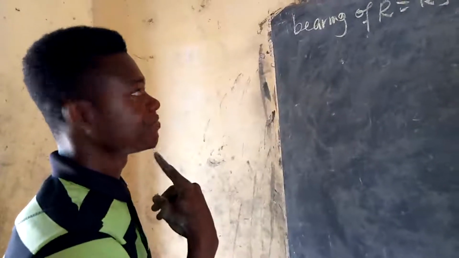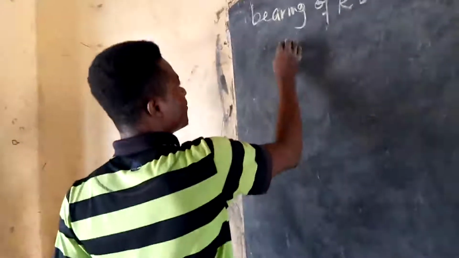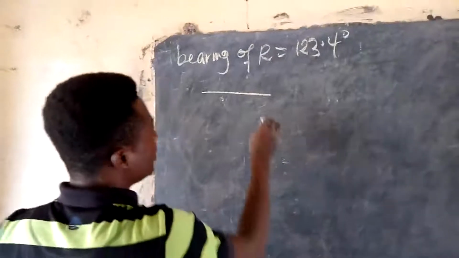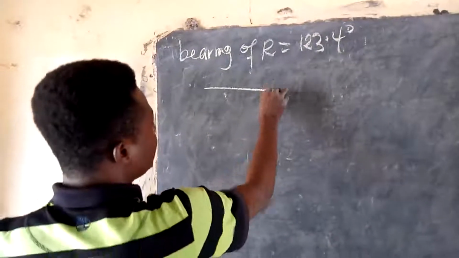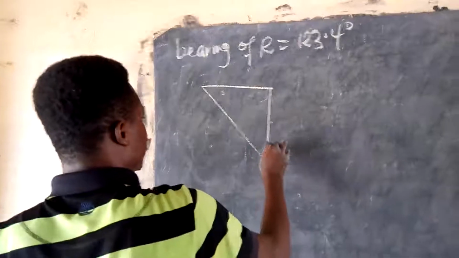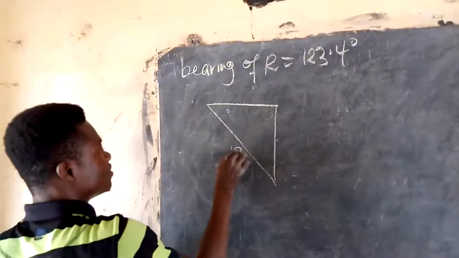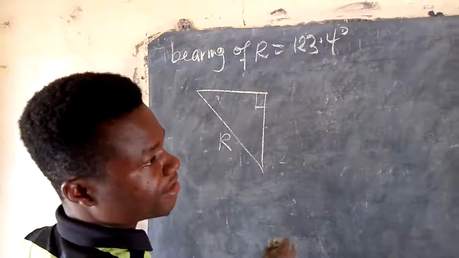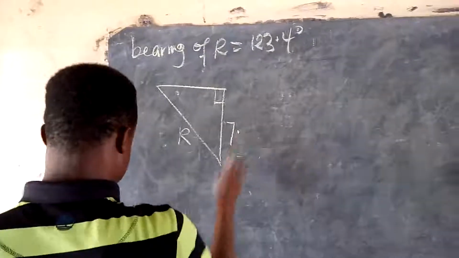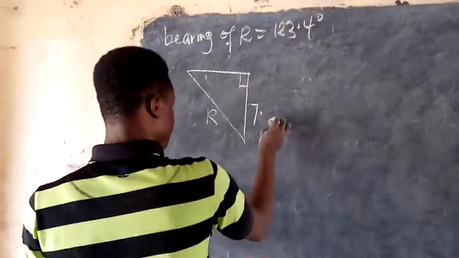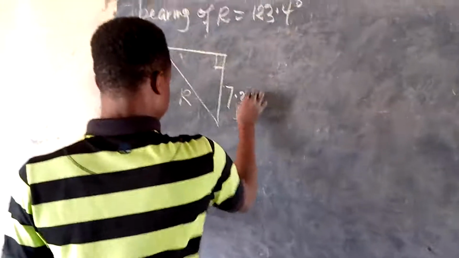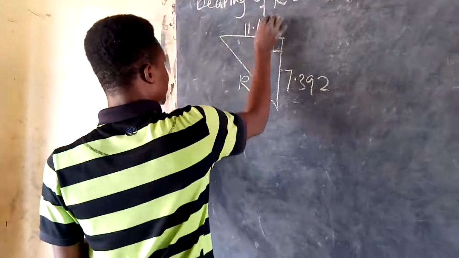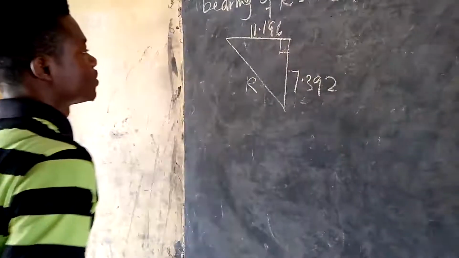Okay, so let's talk about finding the magnitude of the resultant. You can resolve it in this form: we have our x, our y, and our resultant R, making an angle of 90 degrees here, with 7.392 and 11.196.